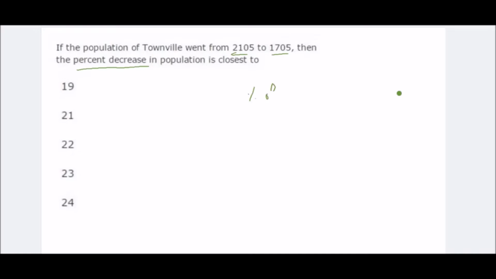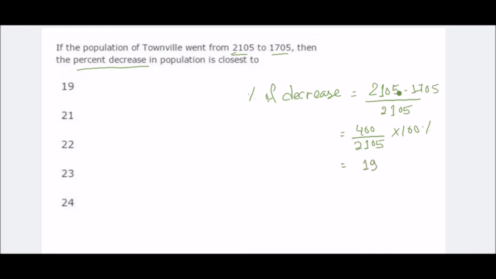The percent decrease will be the decrease value divided by the initial value. So it will become 400 by 2105. We have to convert it to a percentage because it asks for a percentage decrease. So the answer will be 19%. So our answer is the first option.